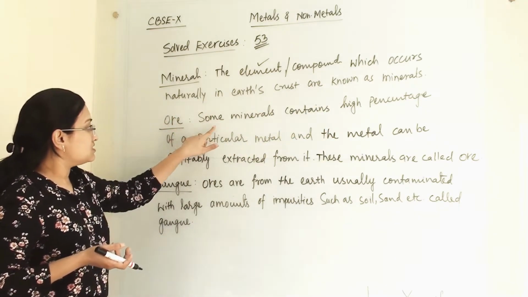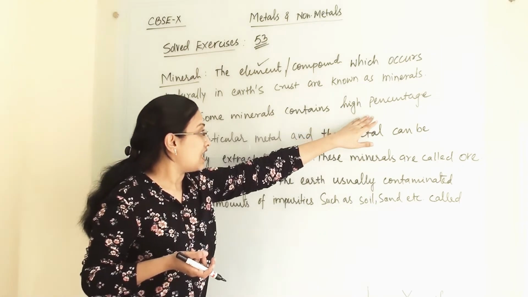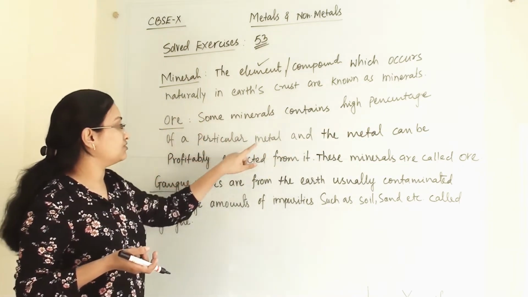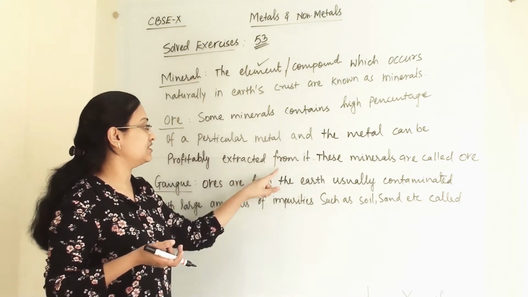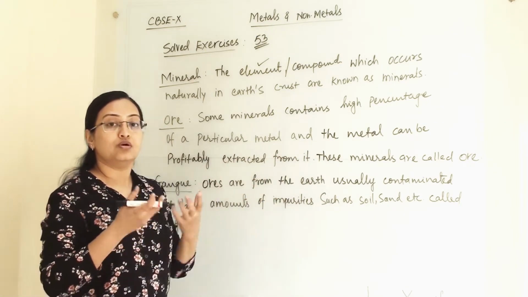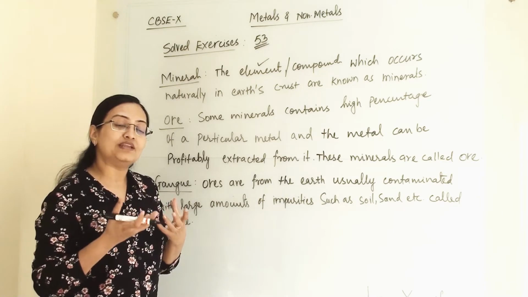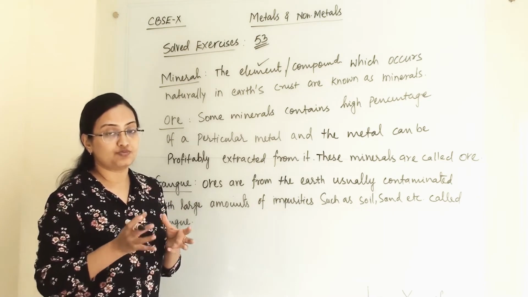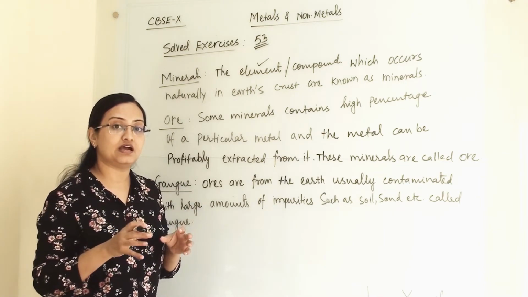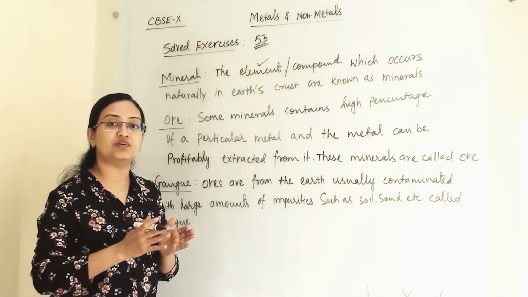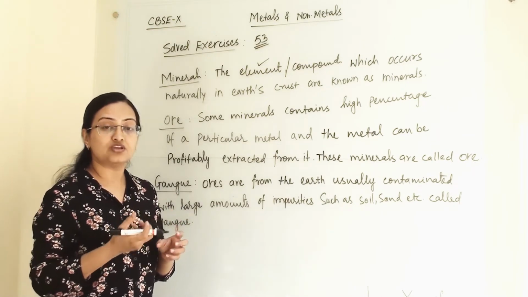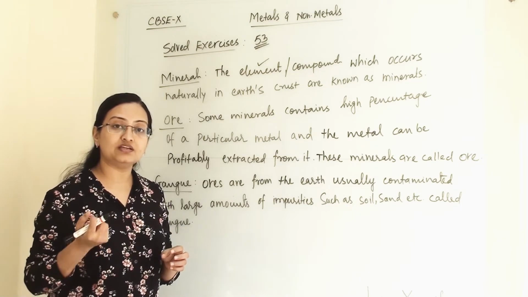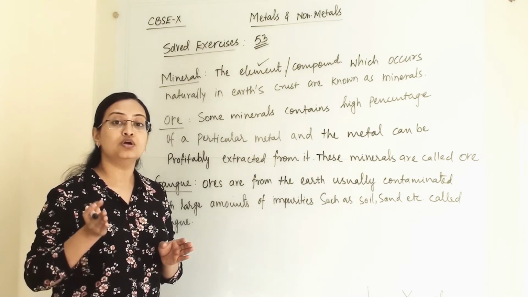Ore. Some minerals contain a high percentage of a particular metal, and the metal can be profitably extracted from it. There are many minerals in the earth's crust, but in some geographical areas, some minerals contain a very high percentage of a particular metal, so extracting it is profitable to us.